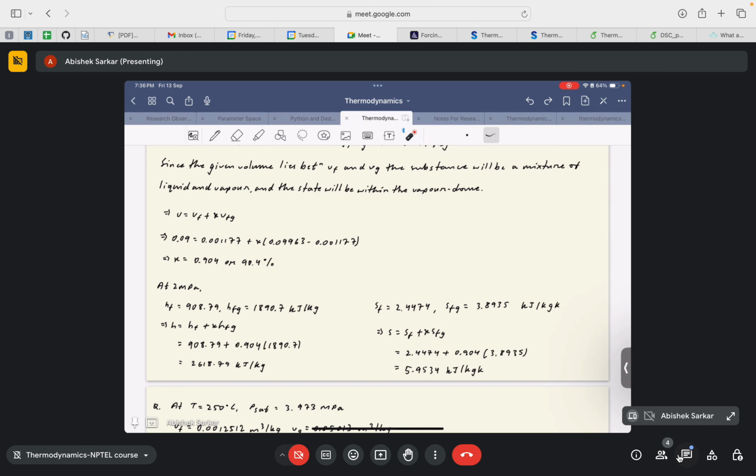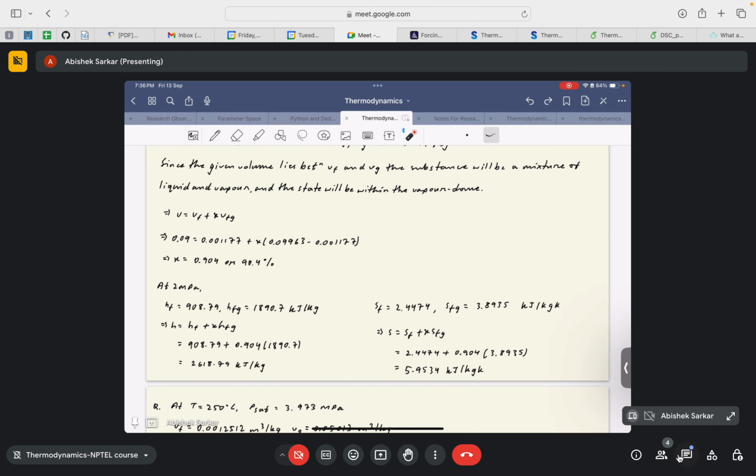At 2 megapascal, we can find hf as 908.79 and hfg as 1890.7. So using the value of x, h is equal to 908.79 plus 0.904 into 1890.7, giving h is equal to 2618.79 kilojoule per kg.